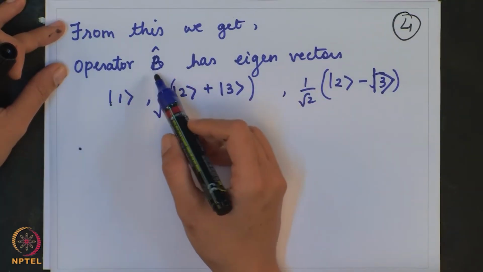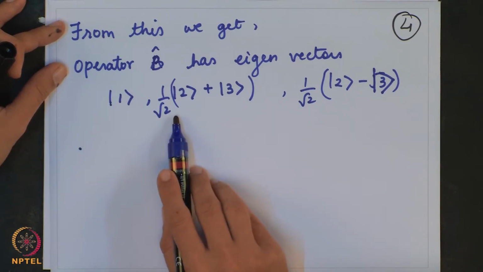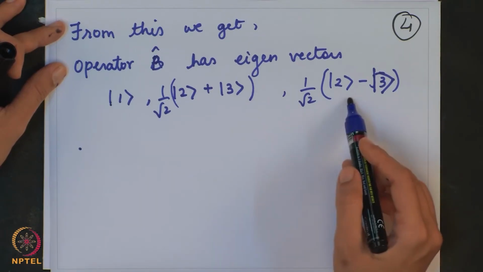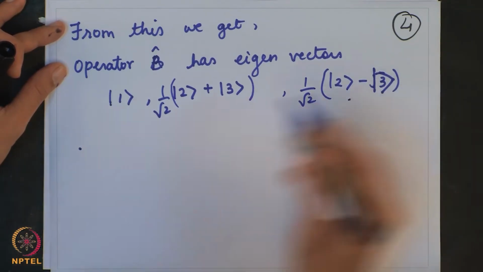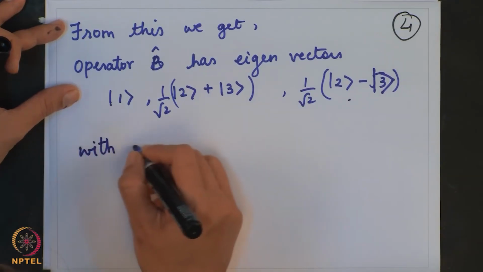Eigenvectors of operator B are 1 by root 2 (ket 2 plus ket 3) and 1 by root 2 (ket 2 minus ket 3), with eigenvalues.